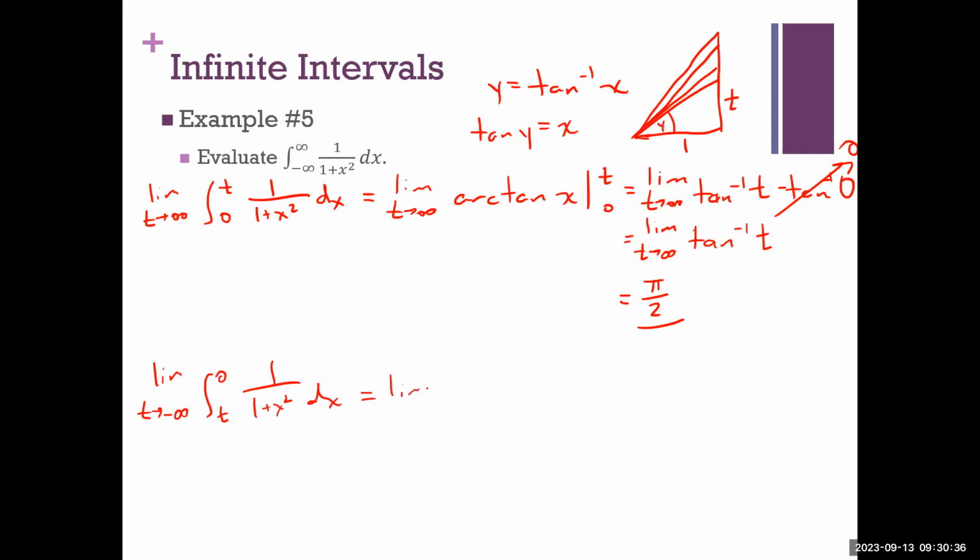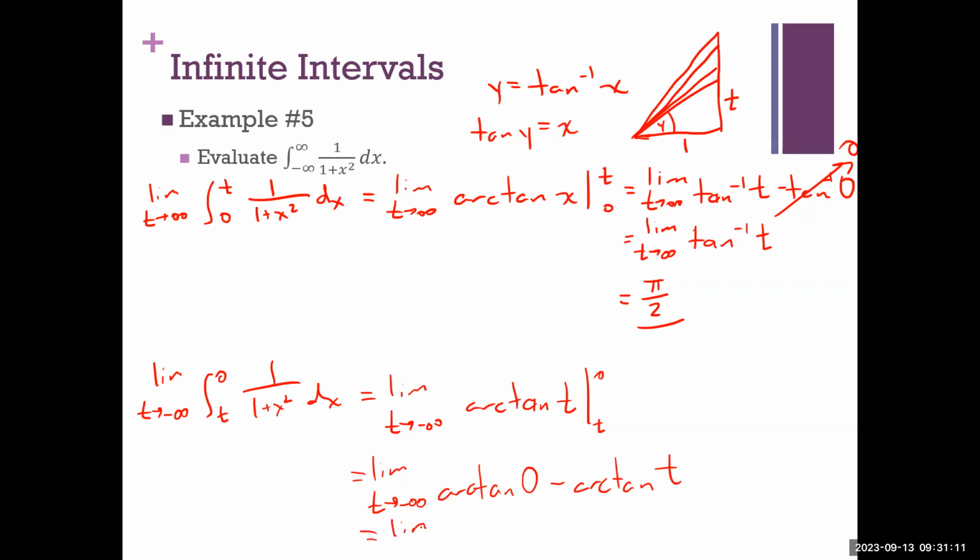So this will be equal to the limit as t goes to negative infinity of arctangent of x evaluated from t to 0. So again, arctangent of 0 is still 0, right?